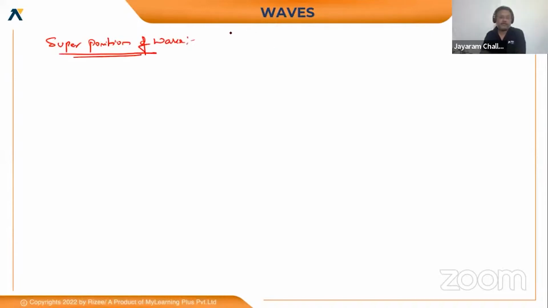Now, superposition of the waves. There are different types here. Waves are being superimposed one on the other. One wave is being added with another wave. So displacement of the wave.